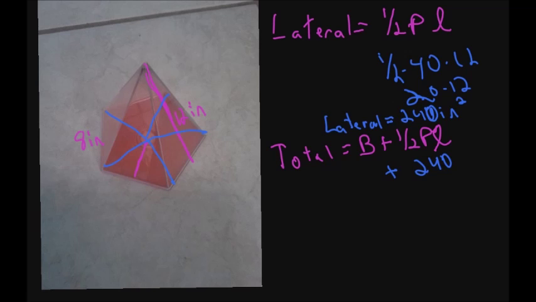To find the area of one, we need to know what this pink line is. If we take 360 divided by 5, we get 72, and then 72 divided by 2 is 36. We know this angle is 36 degrees.